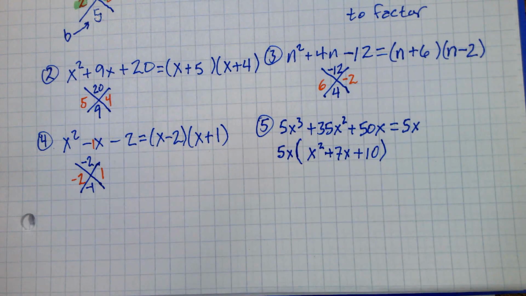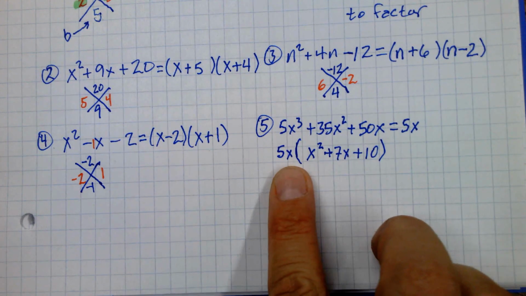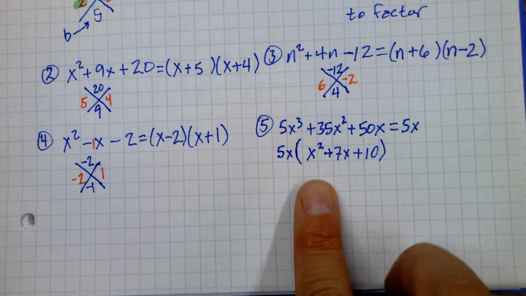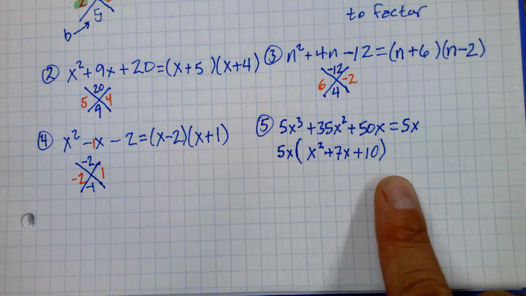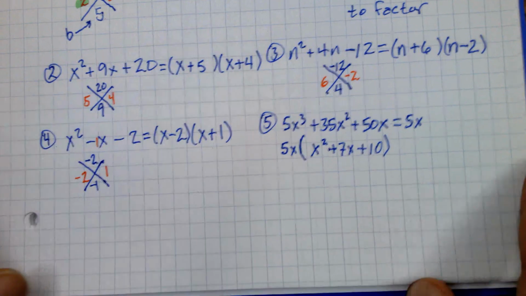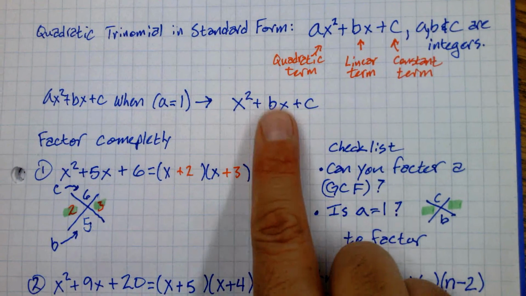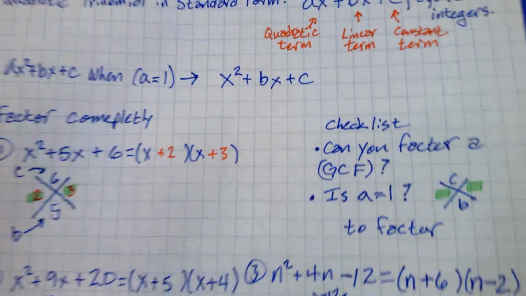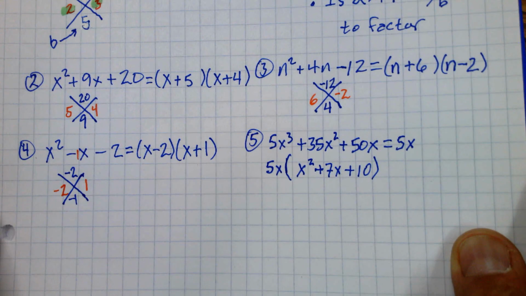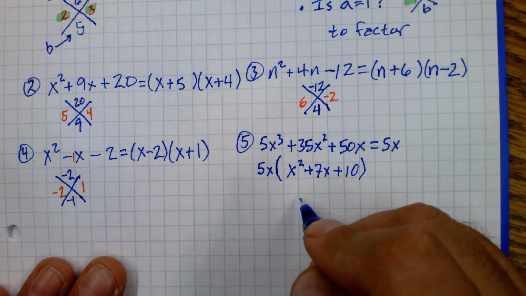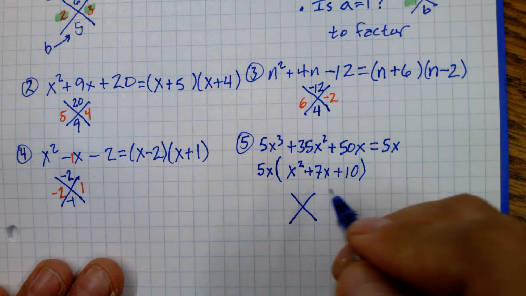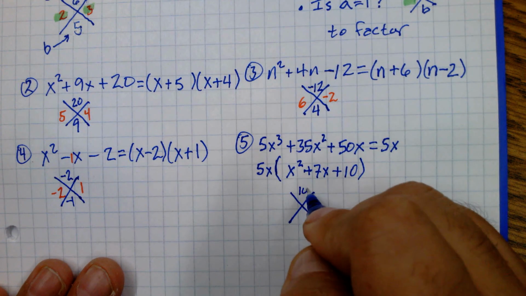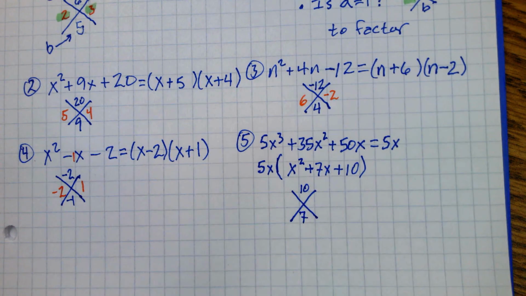Okay, so we factored out this 5x as a GCF. We still have x squared plus 7x plus 10. That's one of these. Okay, so do one of those x problems for this. Let's see if this factors. 10 and 7, thank you.